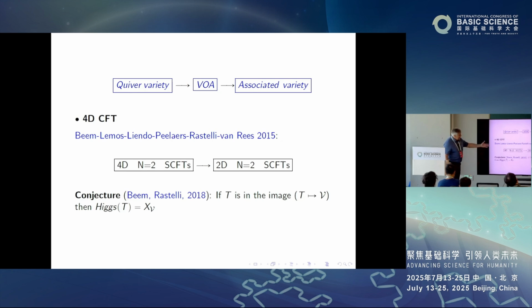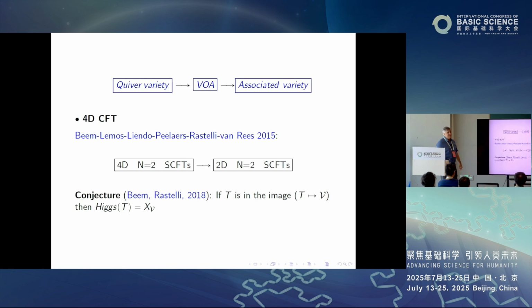Passing to 4D, again we saw this map yesterday: the map from 4D N=2 theories to 2D theories, where we have VOAs at the end. Until very recently, it was believed to be injective. Tomoyuki explained why it is not surjective, because of unitarity, but it is not injective anymore either.